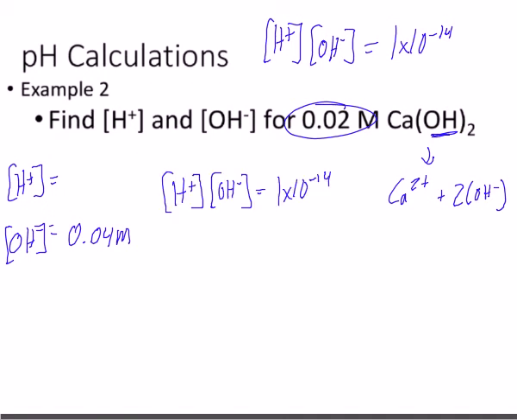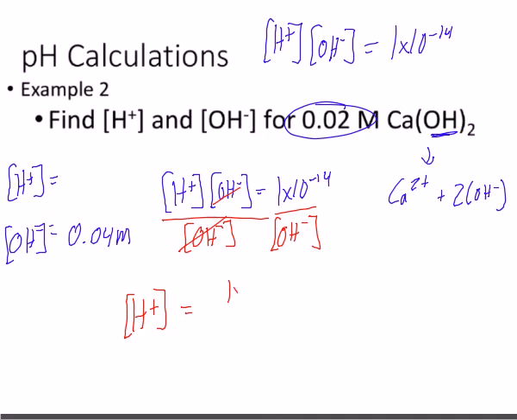All right, here we go. Let's take a look, guys. I'm going to get hydrogen ion by itself. Divide by the hydroxide from both sides. So H plus concentration is going to be 1 times 10 to the minus 14 divided by 0.04. What do we get then for our hydrogen ion concentration?